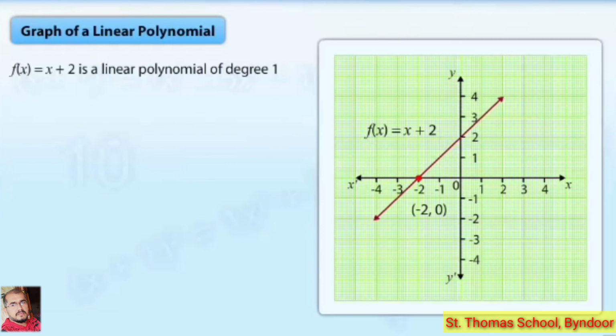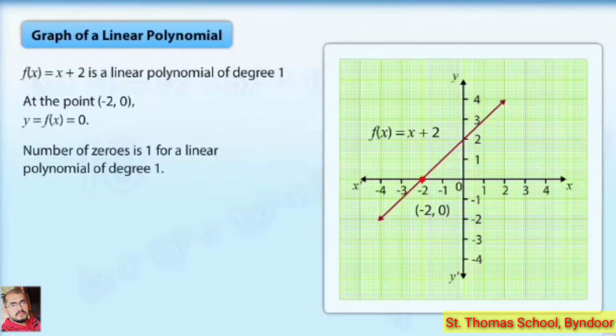Hence, its x-intercept at that point is -2. In other words, at the point (-2, 0), y = f(x) = 0. Thus, the number of zeros is 1 for a linear polynomial of degree 1.